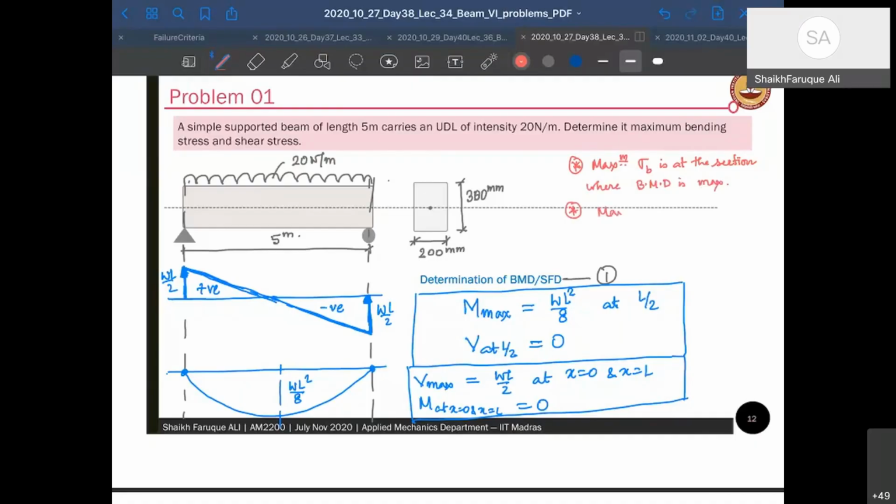Maximum tau is at the section where SFD is max.